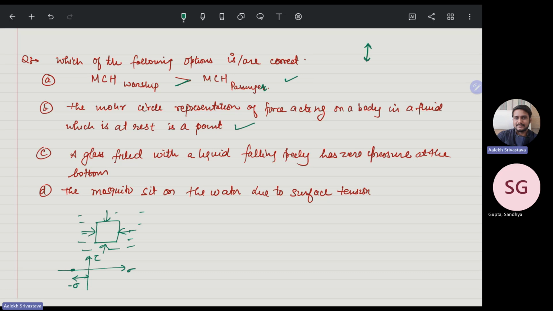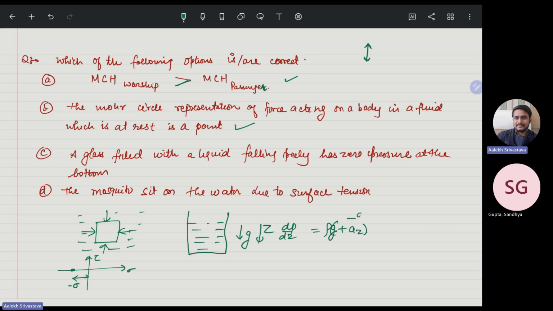A glass filled with a liquid falling freely has 0% at the bottom. So suppose you have a glass filled with a liquid, and it is falling freely. If you apply dp by dz in this z direction, it is equal to rho times g, and here, because of gravity, it is g plus a of z, and a of z is negative.